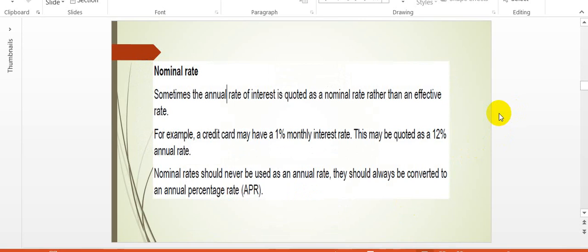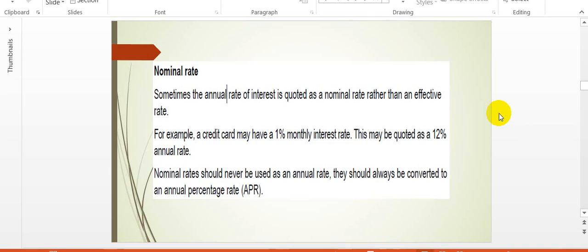We move to another kind of interest rate, the nominal rate. Sometimes the annual rate of interest is quoted as a nominal rate rather than an effective rate.